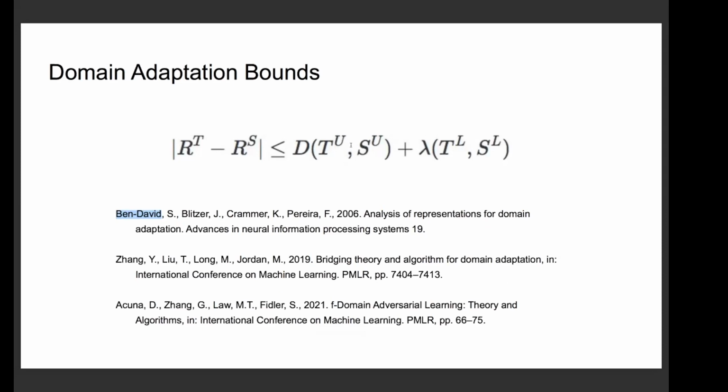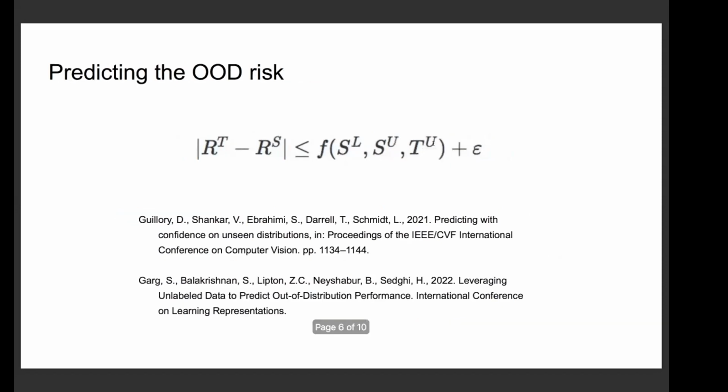But to completely bound the risk, we should use labeled data. And in the literature, there are other methods to compute the distance between labeled data as well. Here we want to compare every flavor of distance between data sets to bound the risk between the target and the source data.